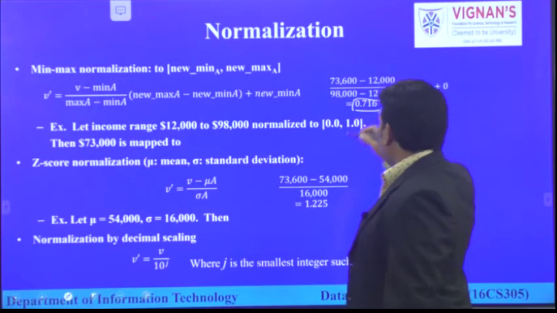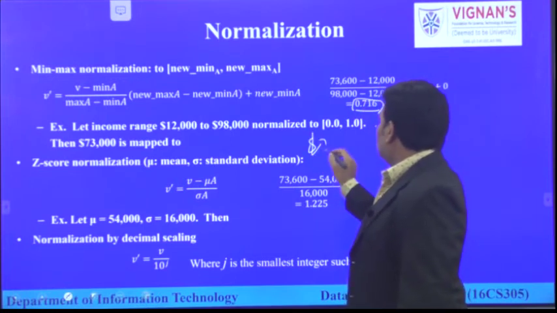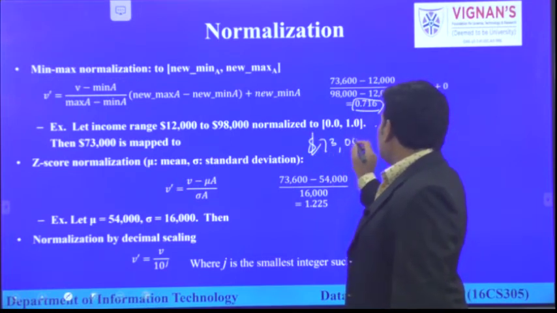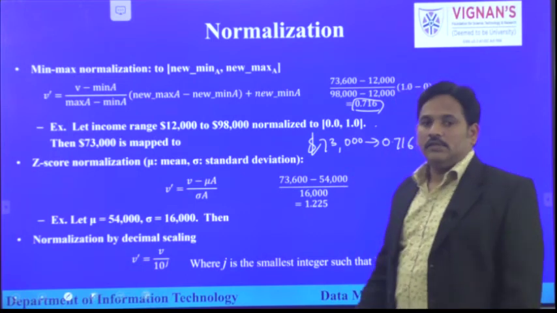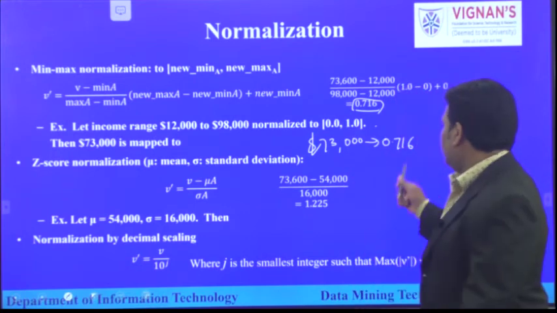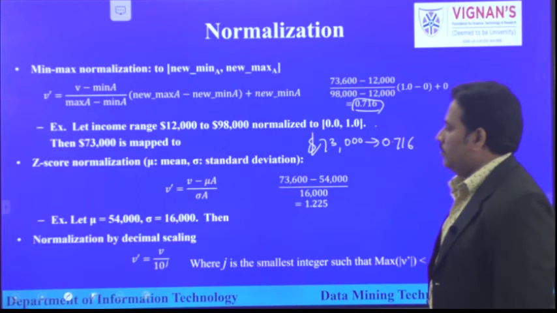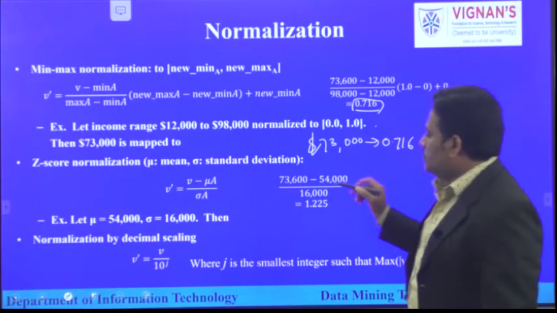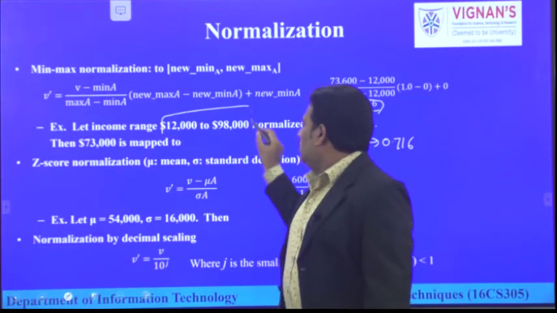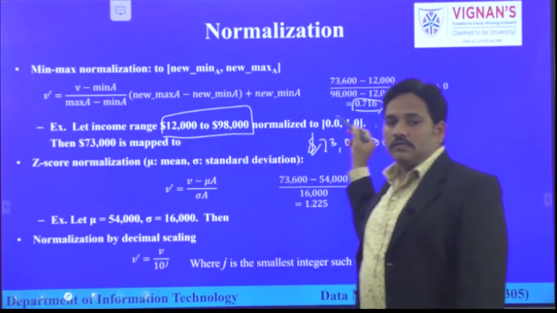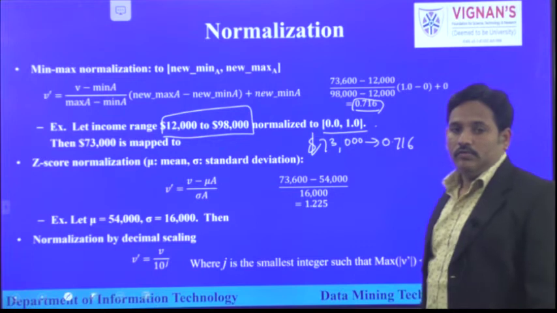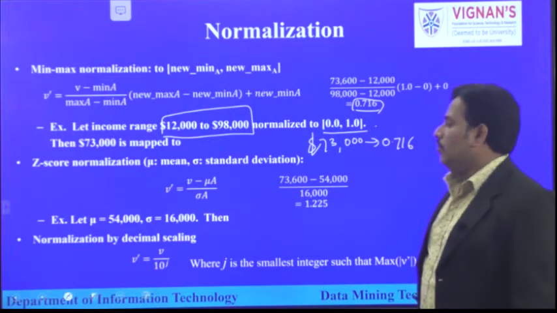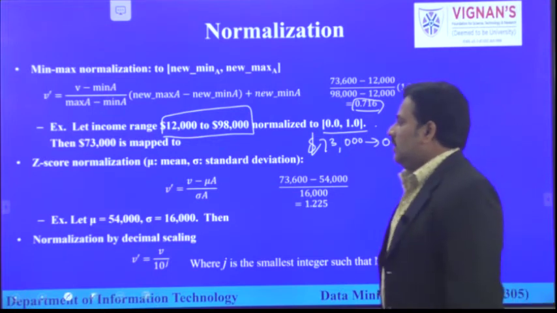So the $73,000 value has been converted into a new value called 0.716. Like this, in this range any value can be replaced with a new value between 0.0 to 1.0.